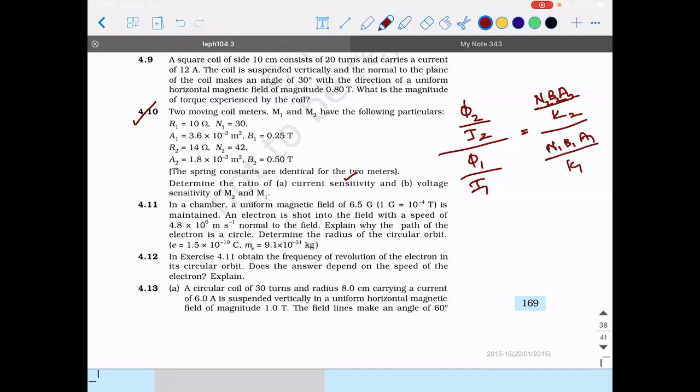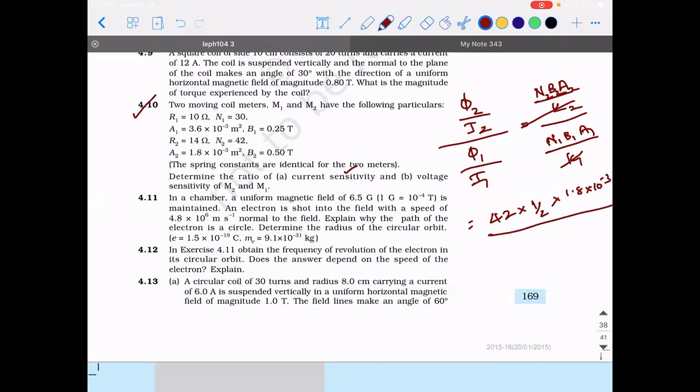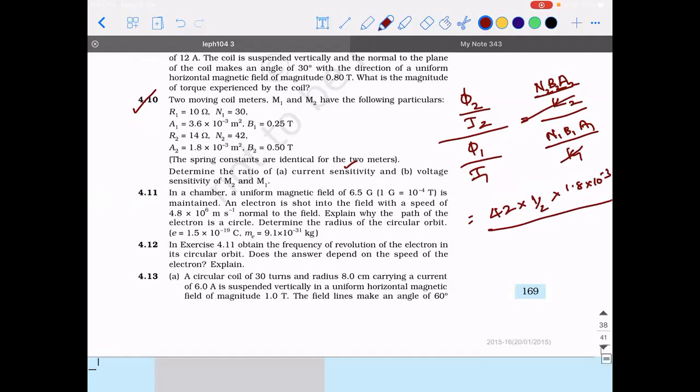But what is given here with respect to spring constants? They both are same, so K1 and K2 will get cancelled. N2 is 42, B2 is 0.5, A2 is 1.8 into 10 power minus 3, the whole divided by N1, which is 30, into B1, which is 1 by 4, into 3.6 into 10 power minus 3.